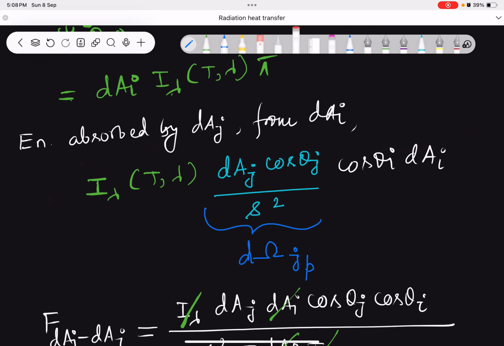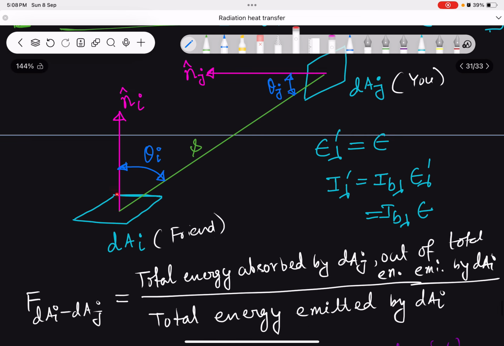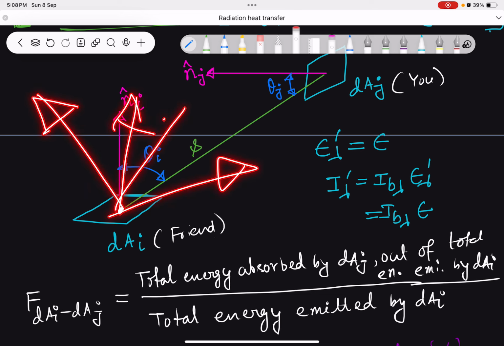We have to find the energy absorbed by dAj, but not any energy, the energy that is coming from dAi only. Here dAi is an infinitesimal area, as good as a point. From this point there can be infinite directions through which energy can be emitted.